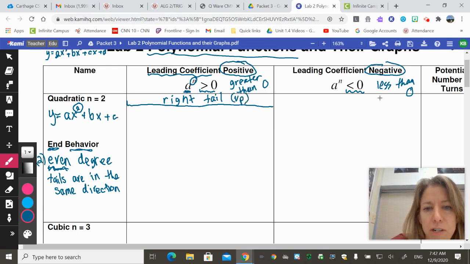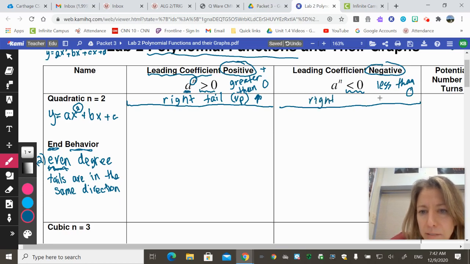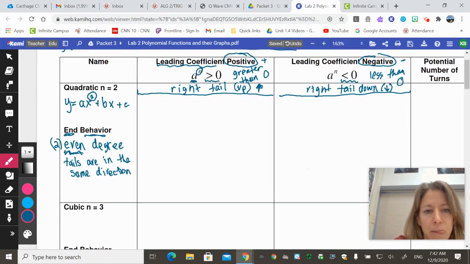In this next column, since the lead coefficient is negative, the right tail must go down. So the lead coefficient and the right tail go hand in hand.